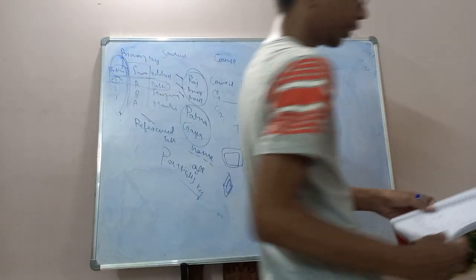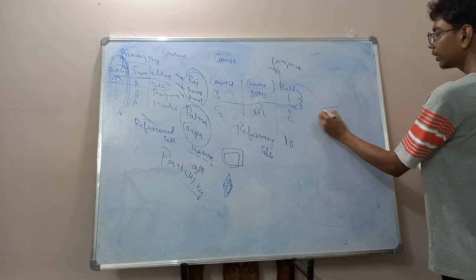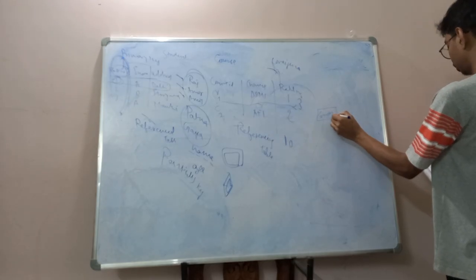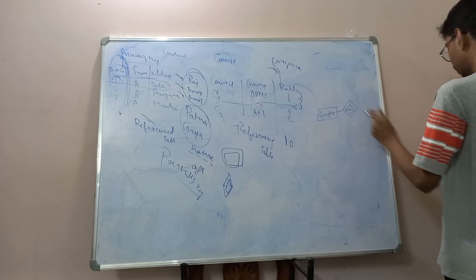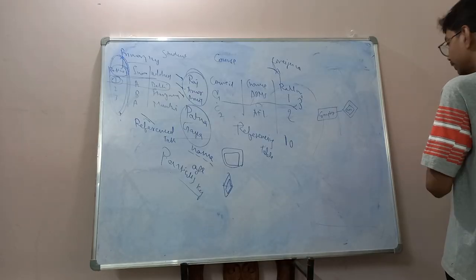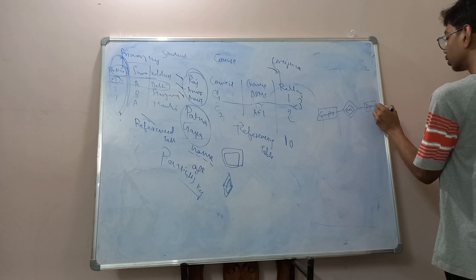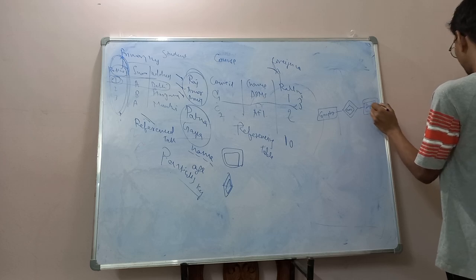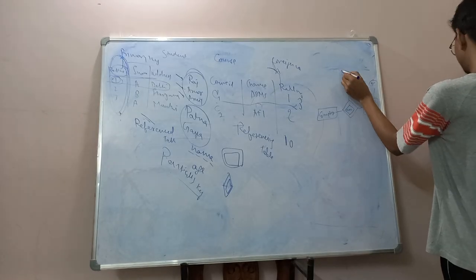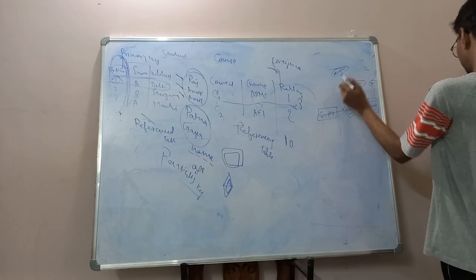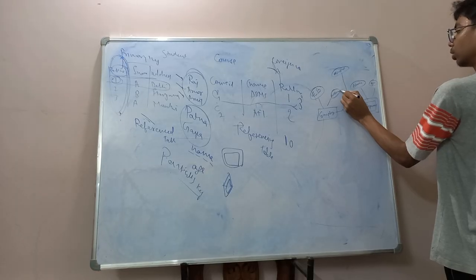Now suppose I have a representation like employee, and then an identifying relationship, and then a weak entity dependent, and it has name, age, amount, and it has employee ID, name, address.